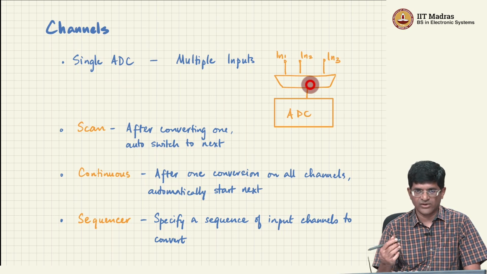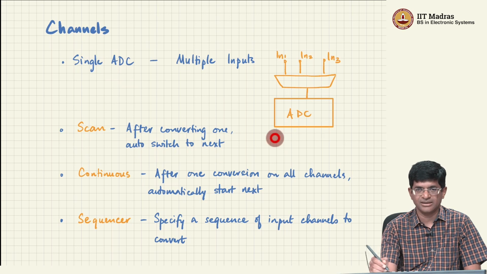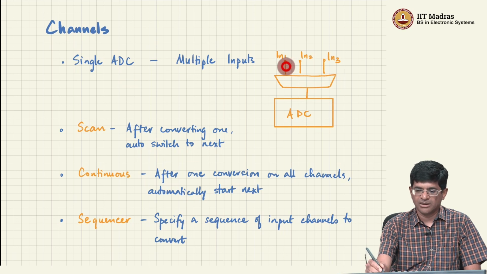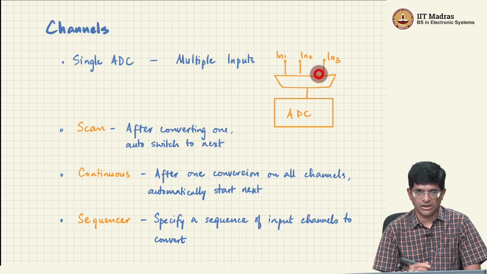Now that's as far as the sampling itself is concerned across channels, but there are a lot of settings that you can use. One of them is what's called a scan setting, which basically says that the microcontroller can be configured to automatically scan across channels one after the other, and the moment I ask it to convert in 1, it will then immediately go on to in 2 and then in 3 after it has finished in 1.